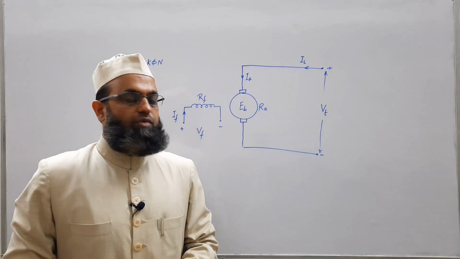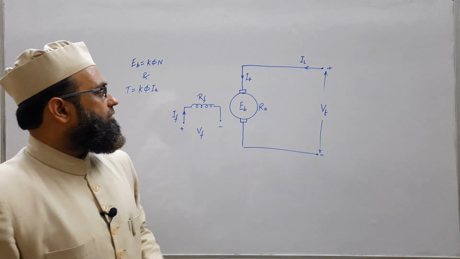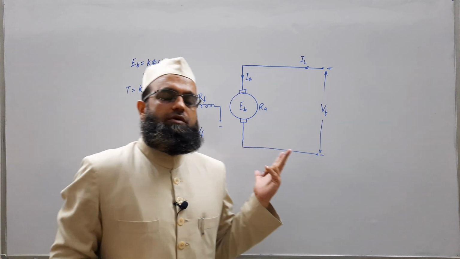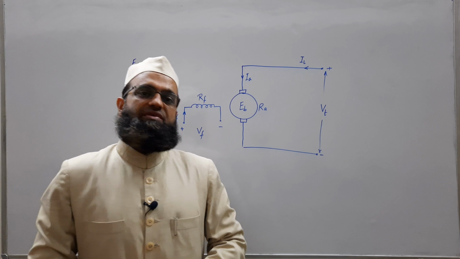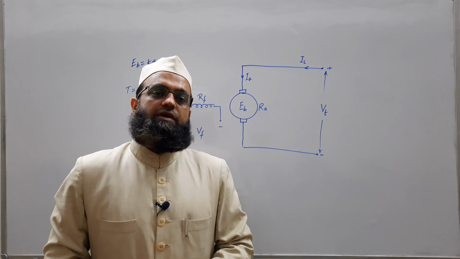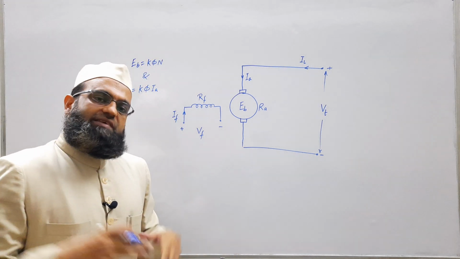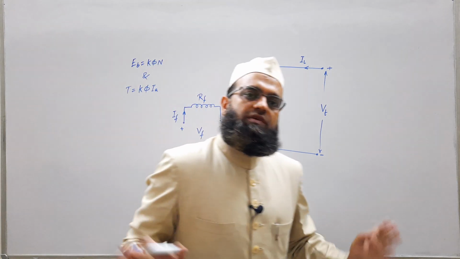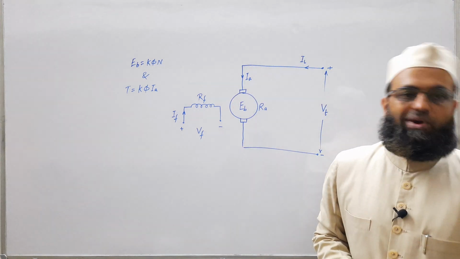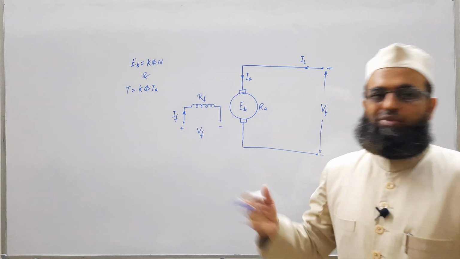That may be because of two reasons: either the machine already has a compensating winding, or the effect of armature reaction is ignored in the problem. So unless stated in the problem, don't consider the effect of armature reaction. What is the effect of armature reaction? We have already discussed in our previous lectures.